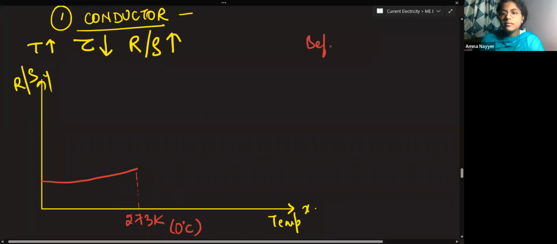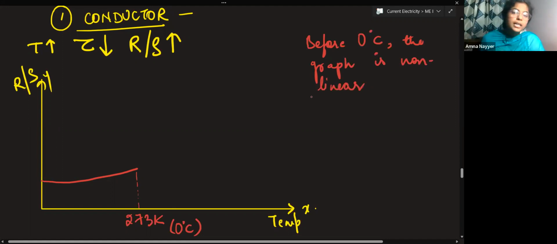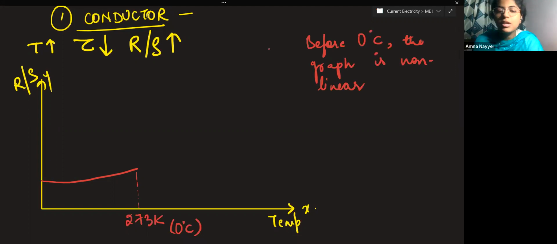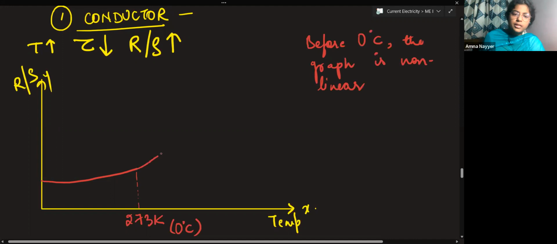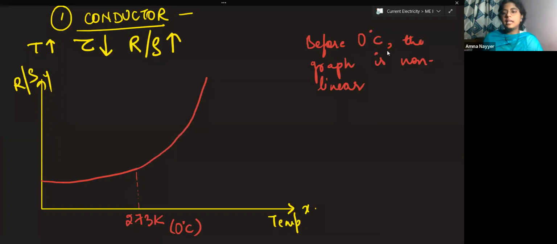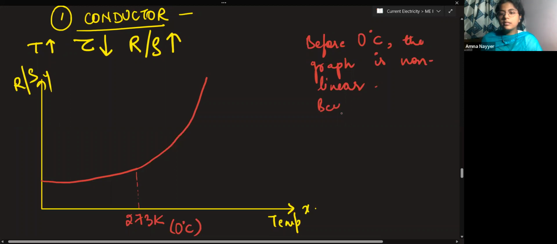So before 0 degrees Celsius the graph is non-linear. Once the temperature crosses 0 degrees Celsius, or 273 Kelvin, the graph becomes somewhat like this. So beyond 0 degrees Celsius, the variation is linear.